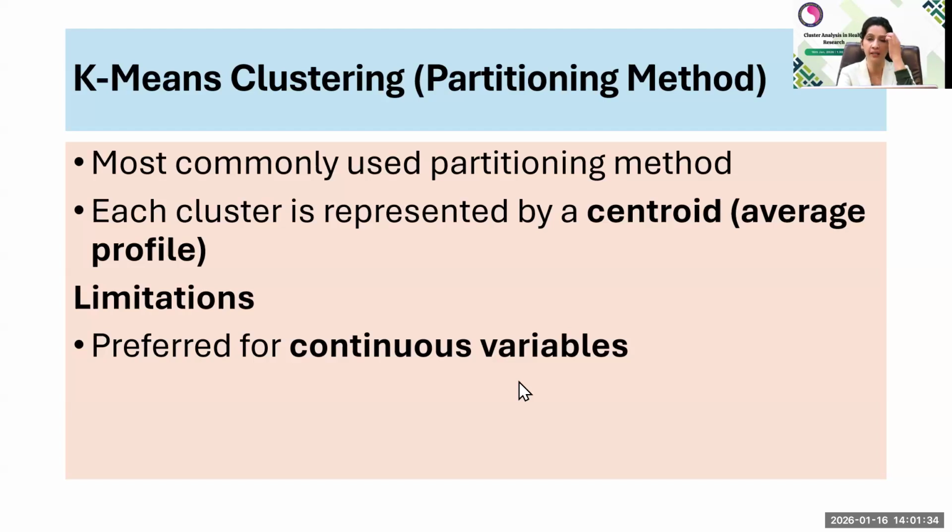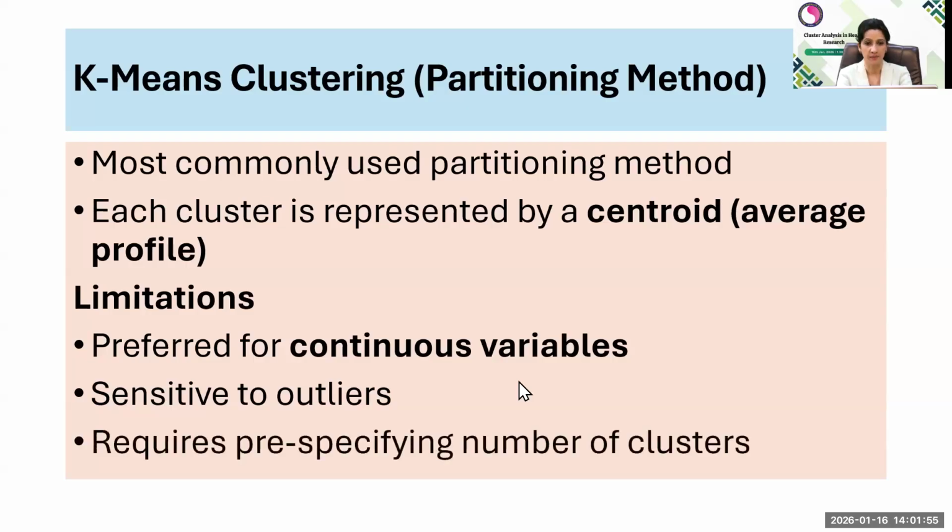Then you can make specific clusters, for example gender-wise or by any other category. It is also sensitive to outliers, meaning if your data has many outliers, which we check in the box plot, then k-means clustering is not the preferred way of clustering.